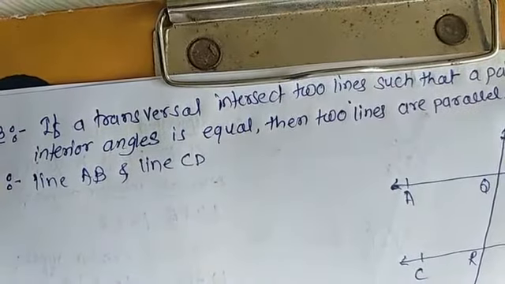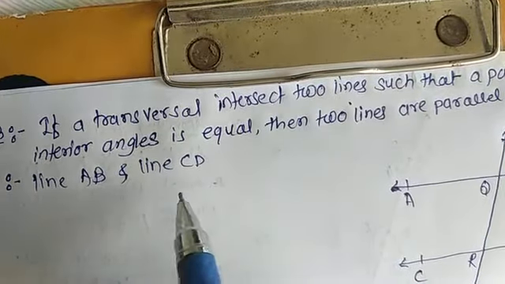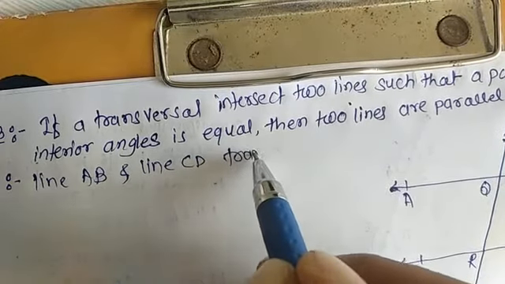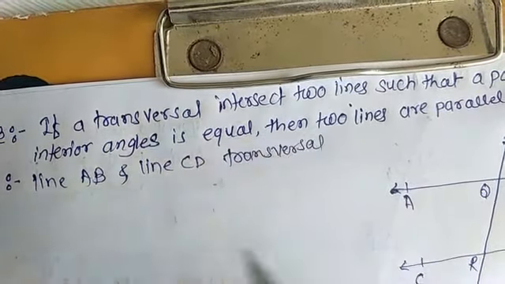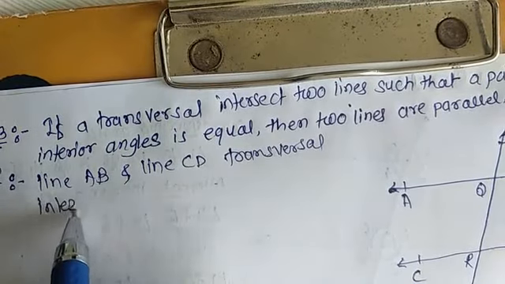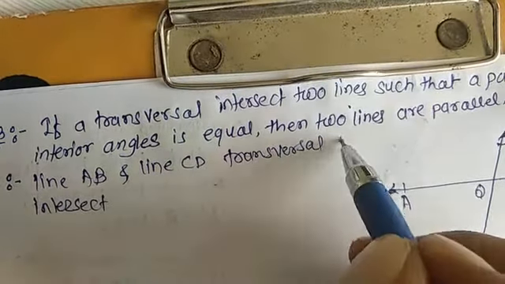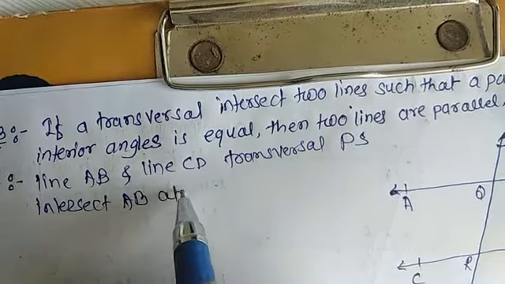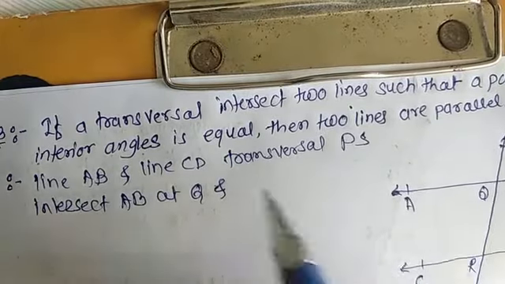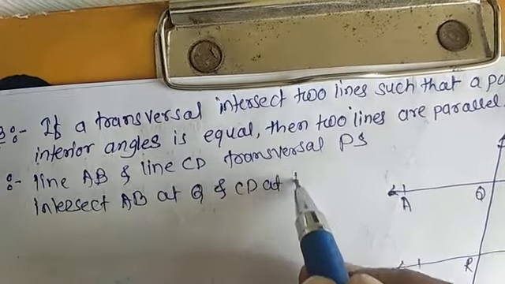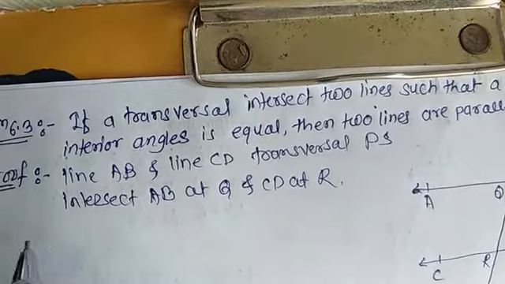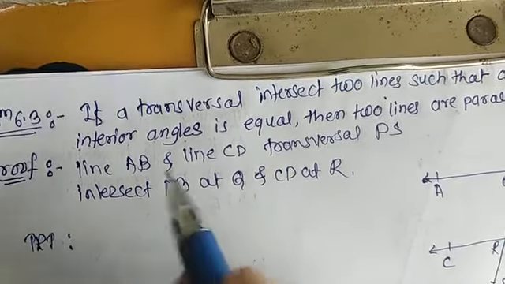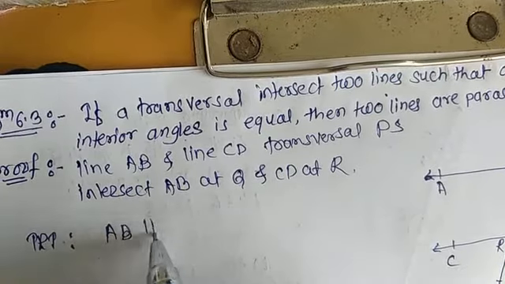Now the transversal PS intersects AB at Q and CD at R. Also we have to prove that AB is parallel to line CD.